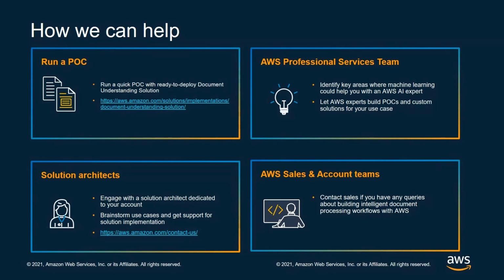The third one is the AWS Professional Services team. We've been using AWS ProServe for a couple of our IDP workloads, and we've seen great success internally with Amazon. ProServe offers a machine learning acceleration workshop that they can do with you to estimate how much you could save.